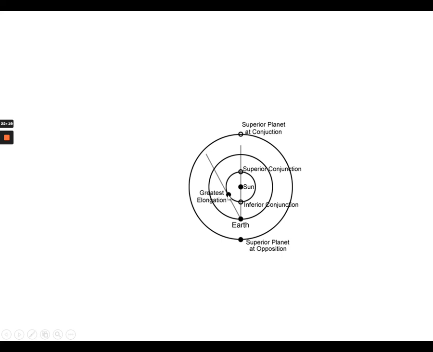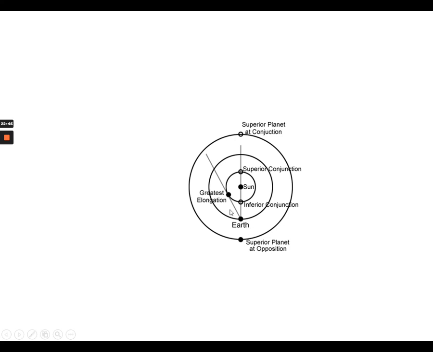I think I said 10 before. So there are 2 points of greatest elongation. I said it will never have an opposition. Venus will never get behind it. So it will be in conjunction, and then 180 degrees later be in conjunction again. Inferior conjunction is when it's closest, and when you have a larger distance, it's superior conjunction. This could be Saturn. So Saturn can have opposition, or it can have conjunction as well.